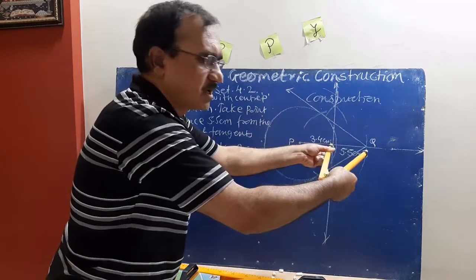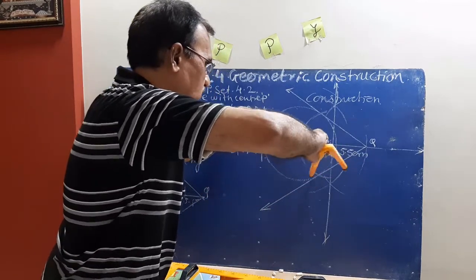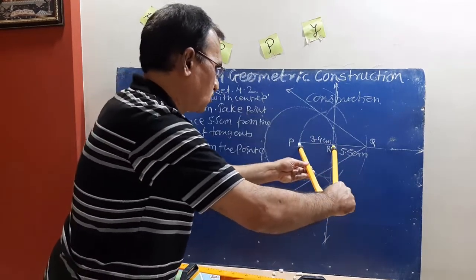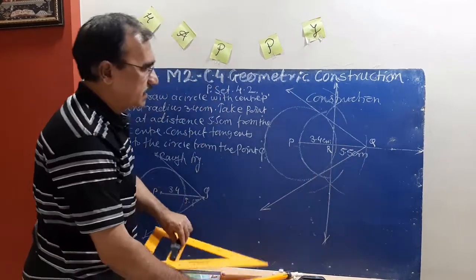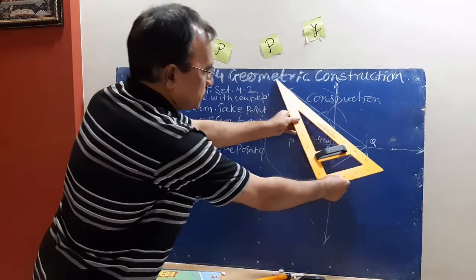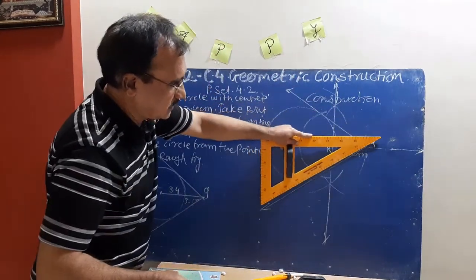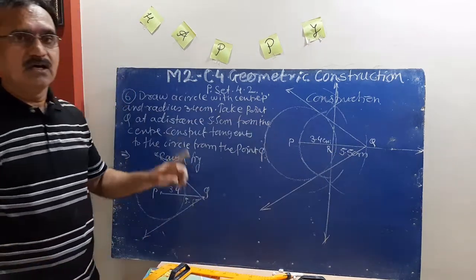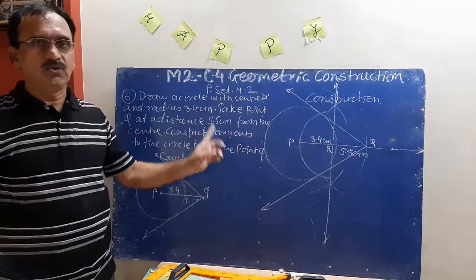If you complete this circle, it is also correct. If you complete this half circle, this is also correct. And if you draw only an arc, this is also correct. No problem. Then if we join these 2 points, this is one tangent, and if we join these 2 points, this is the second tangent, and this is the last construction of this practice set 4.2.